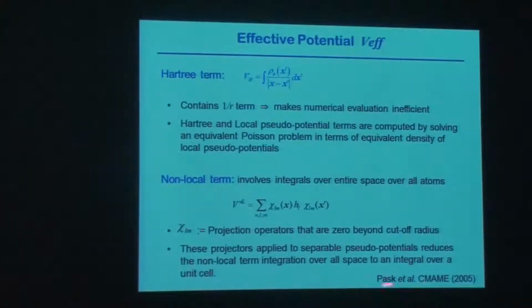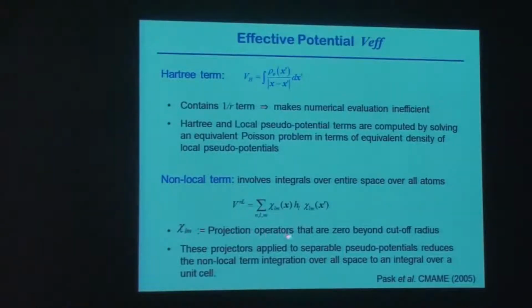But relatively recently, a paper by Pask from Lawrence Livermore Lab appeared, in which the idea of truncating these, the introduction of projection operators that cut off the extension beyond a certain zone, has been applied and has shown that it doesn't degrade the accuracy of the calculations, but it substantially reduces the cost of computation.